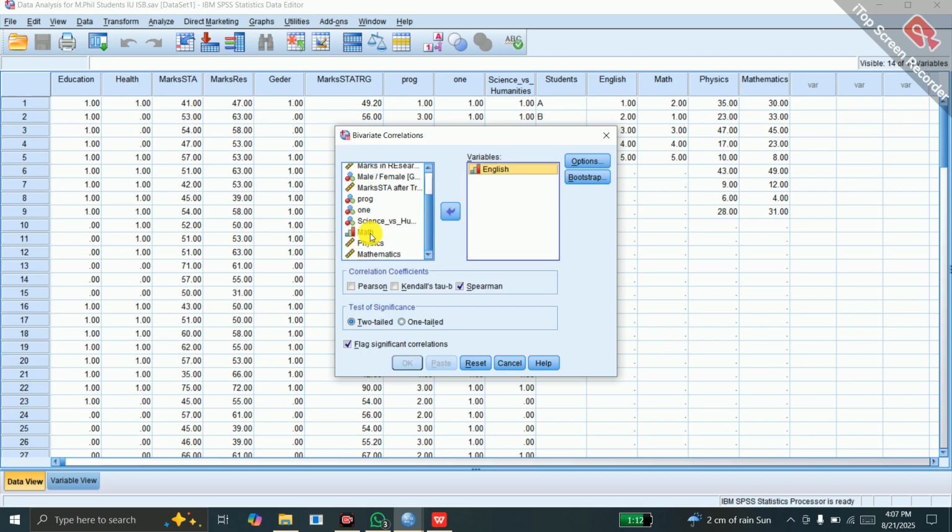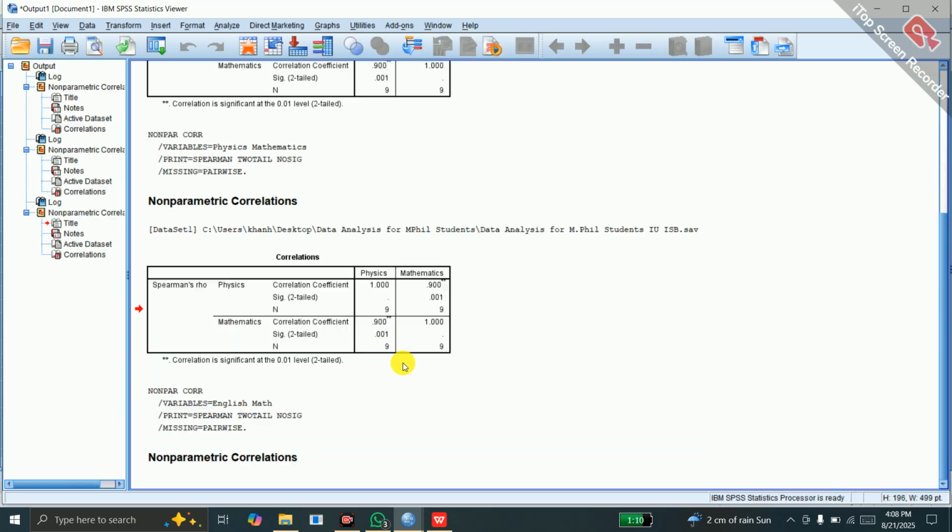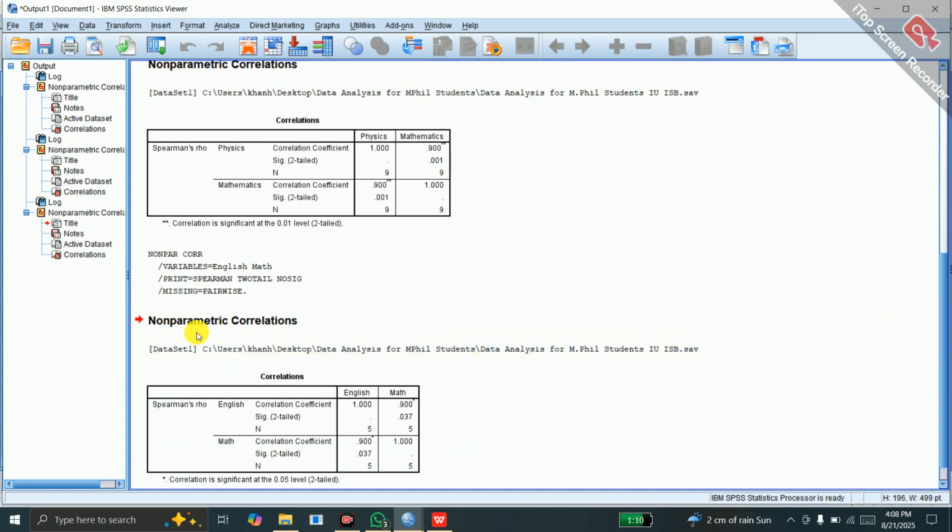So let me send both of these variables here and make sure that the Spearman rank correlation coefficient is checked here. It is already checked, so let me click OK. And this also shows the non-parametric correlation coefficient, that is Spearman's, and there are 2 subjects, English and math.